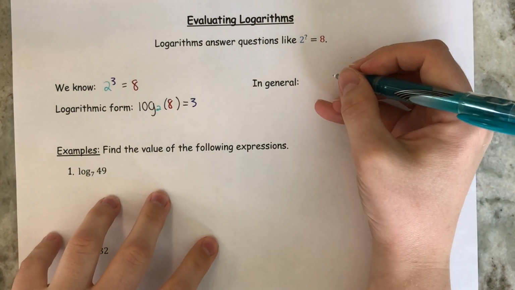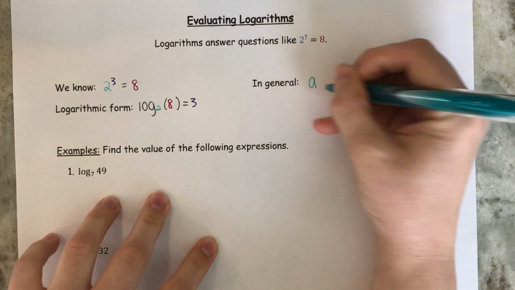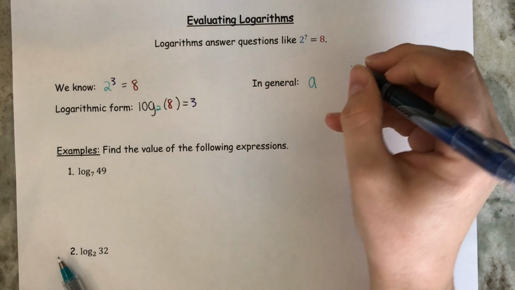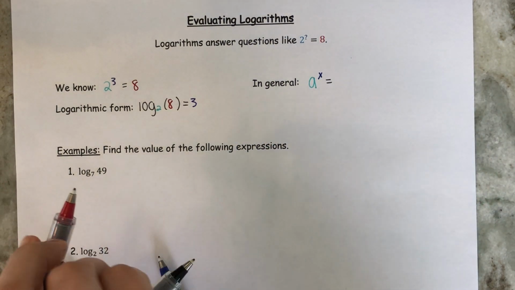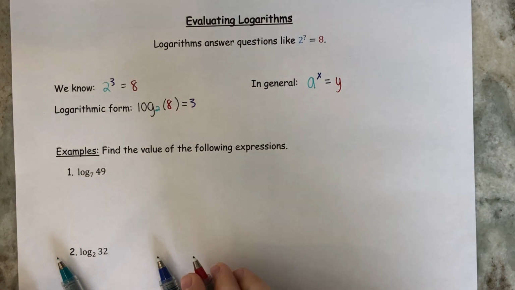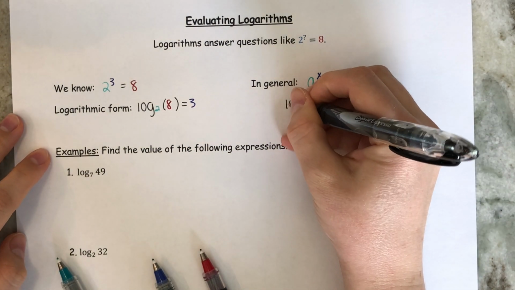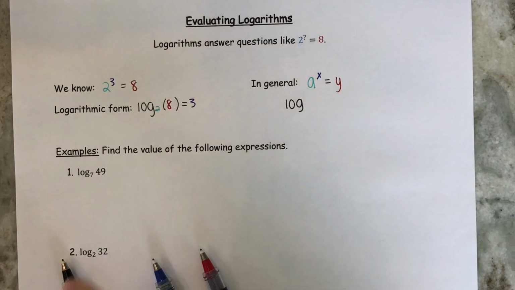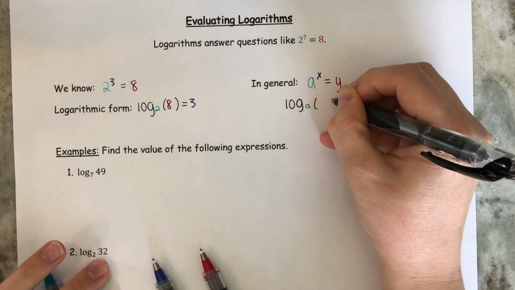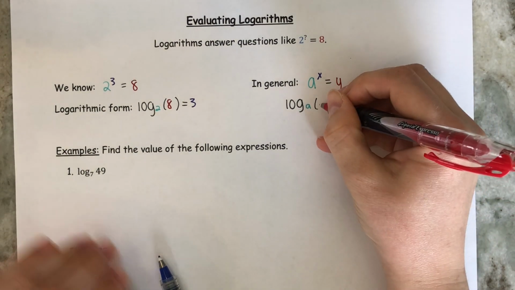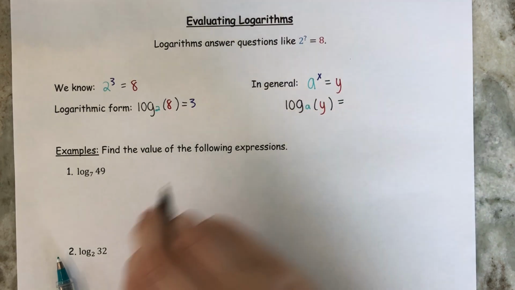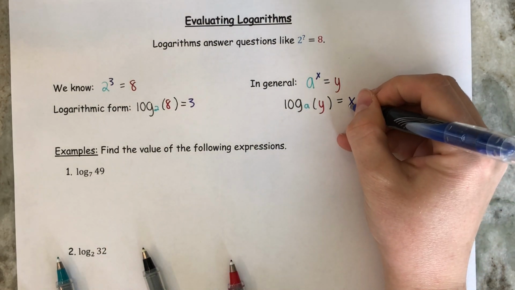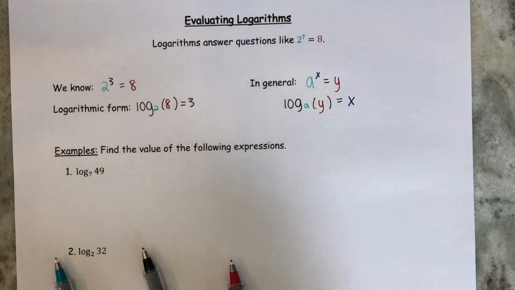So in general, if we have something like a to the power of x equals y, we can put that into logarithmic form by saying log base a of y is equal to x. So you can use these two facts interchangeably.